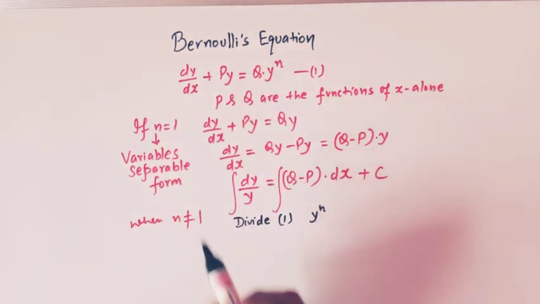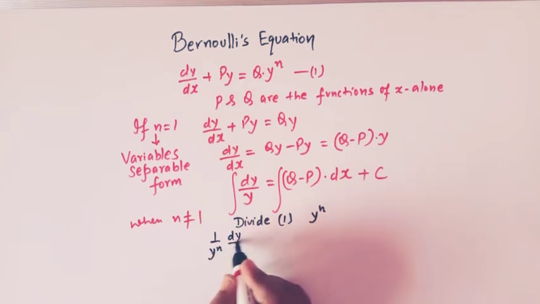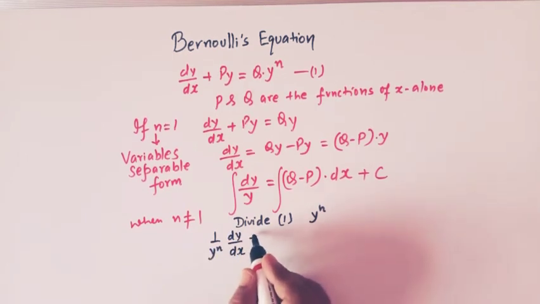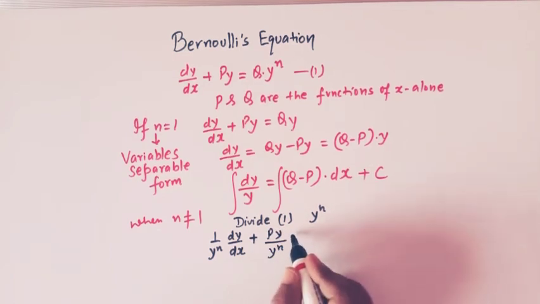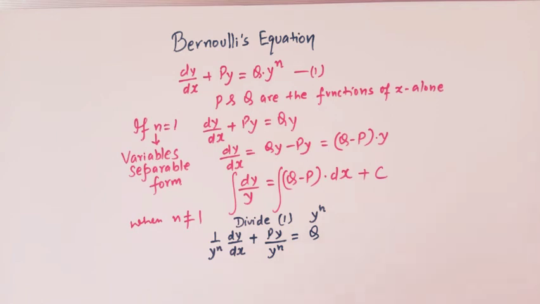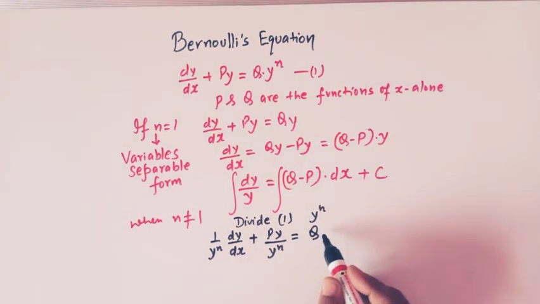If we divide both sides, we get (1/y^n) dy/dx + py/y^n, and here we get q, because y^n and y^n get cancelled.